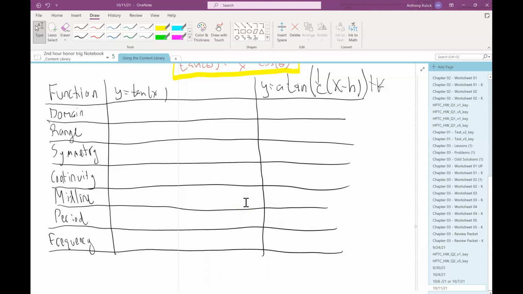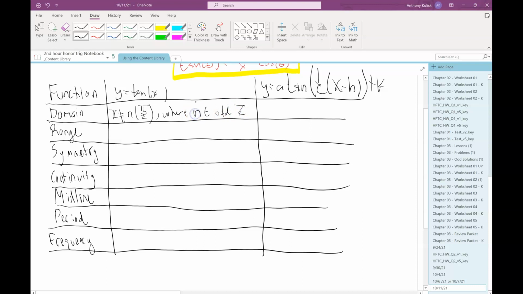So the way that we're going to describe that, since there's infinitely many of these holes in our domain, these vertical asymptotes, the places where the function is undefined, we're going to write it in the following. So we're going to go back to this x is not equal to n times pi over 2, where n is an odd integer.